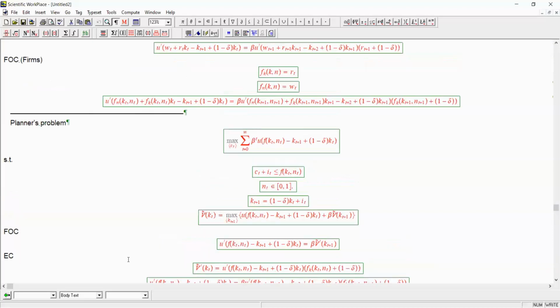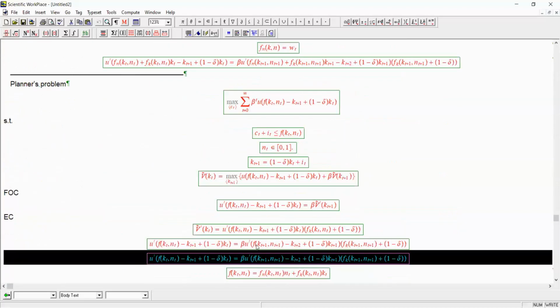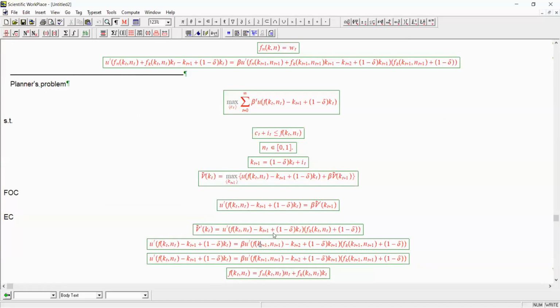How come? Well, it's pretty straightforward. The planner is going to choose input use so that it ensures that the marginal return from it is optimal.